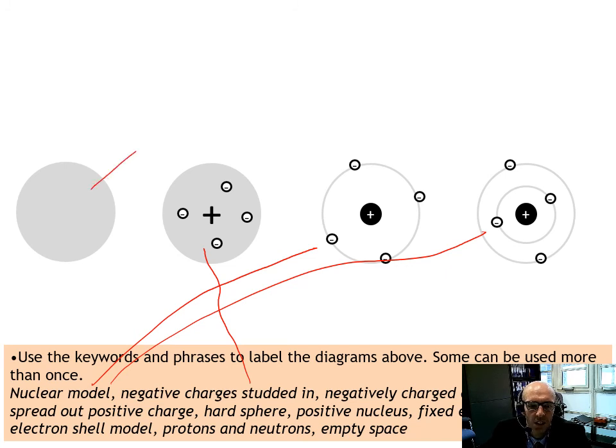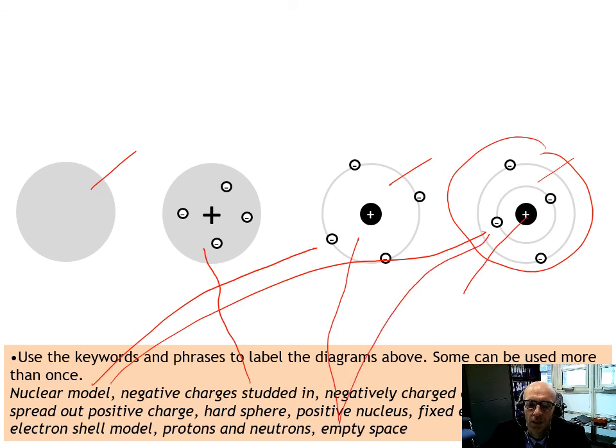This one is a hard sphere. This one has a positive nucleus. This is the electron shell model. These would be the protons and neutrons in the nucleus. And all of this here would be empty space.